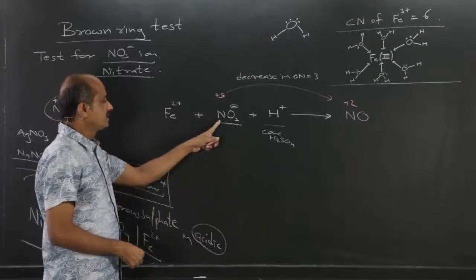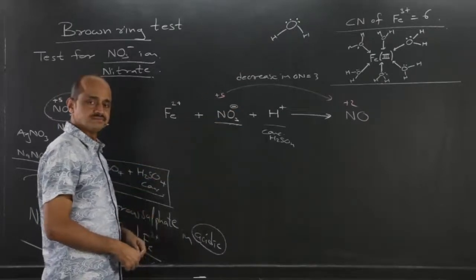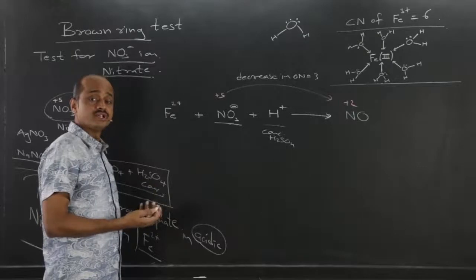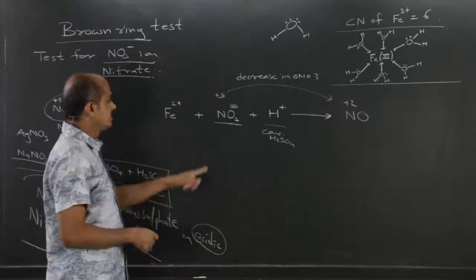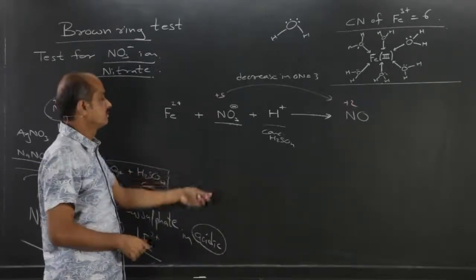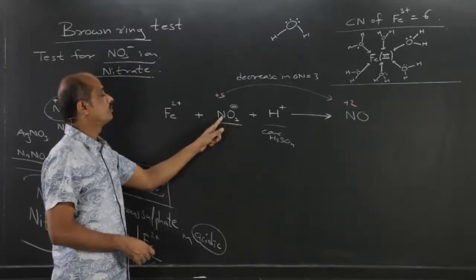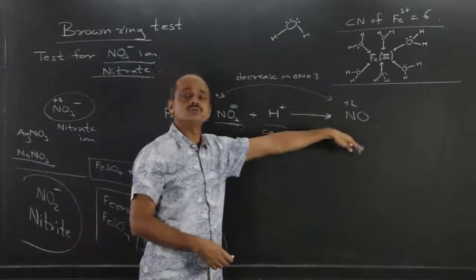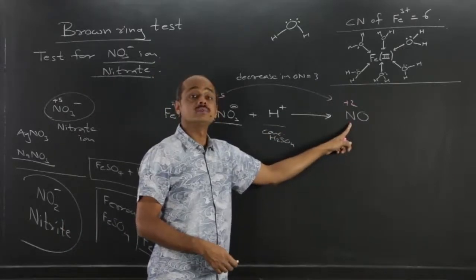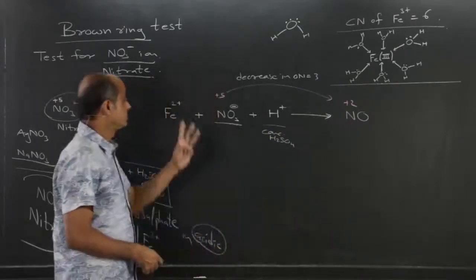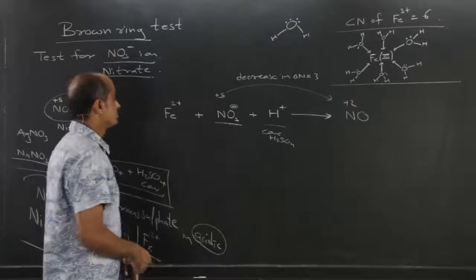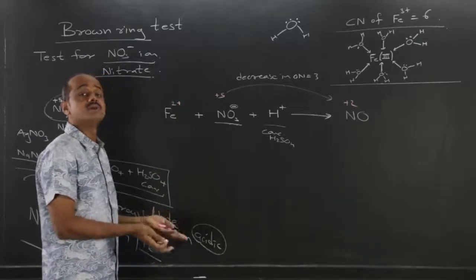Since there is a decrease in oxidation number, some species must undergo an increase. One nitrogen of plus 5 converts into nitrogen in NO with plus 2, so one nitrogen atom accepts 3 electrons. Something must make available 3 electrons.